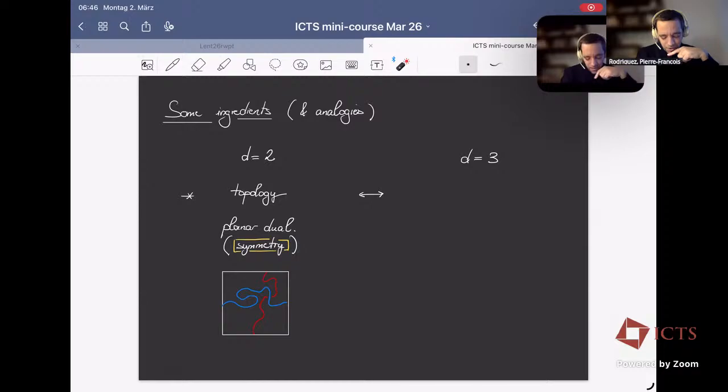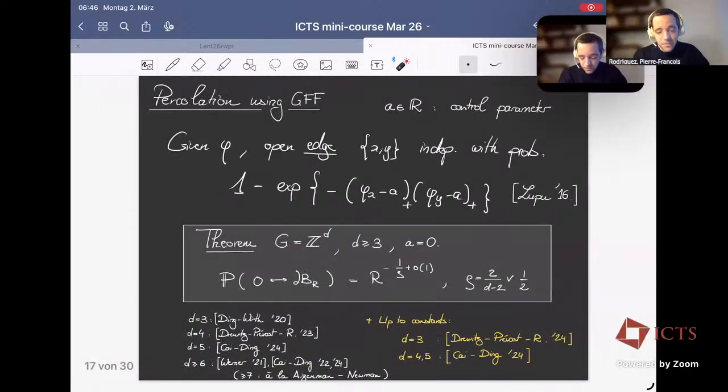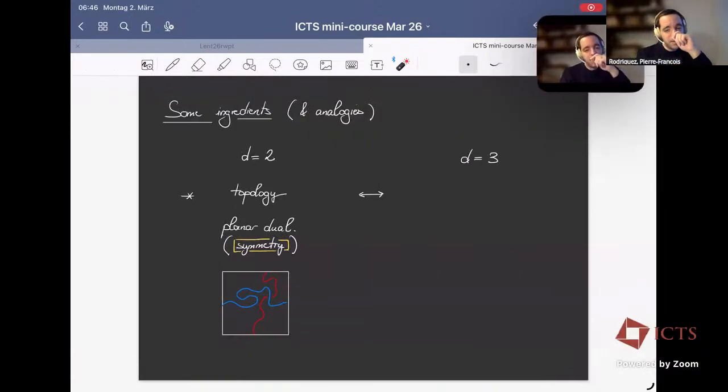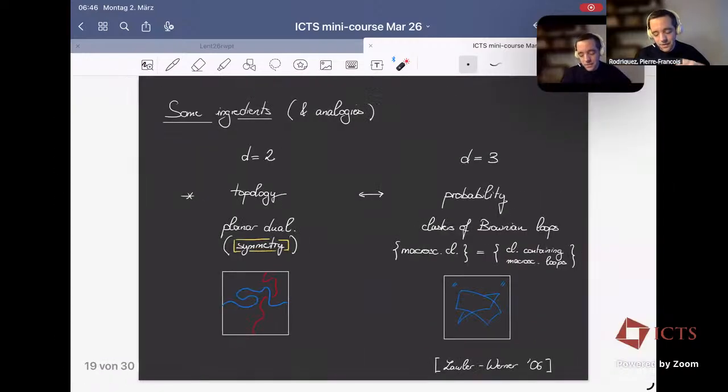Maybe I should have drawn a rhombus here, but indulge me, or think of bond percolation, if you will. And so you need something that replaces this, something that's going to allow you to identify the critical point, which here was a equals 0, if you remember, still in say dimension 3, and there the replacement for that. All of this is very loose, and of course part of the purpose of the mini course is going to be to show you these things.